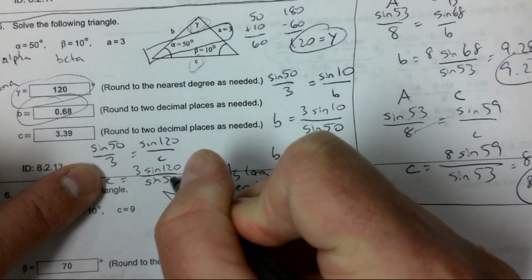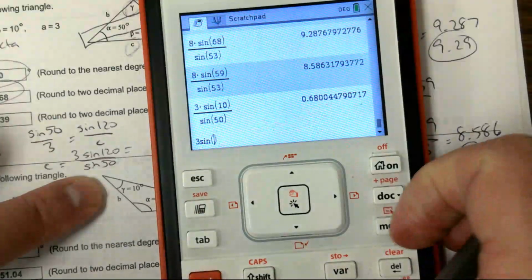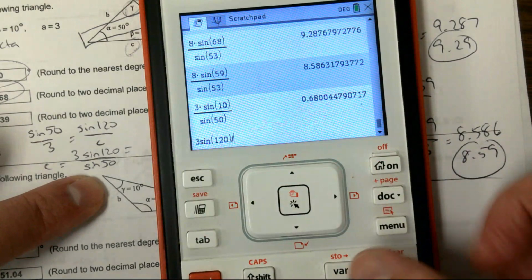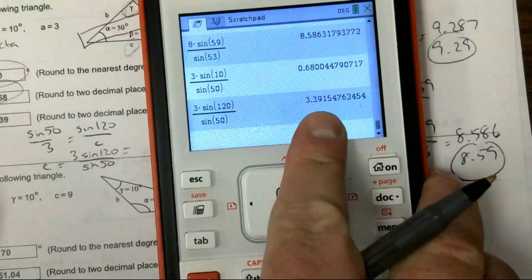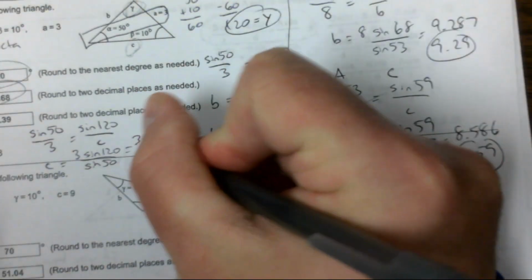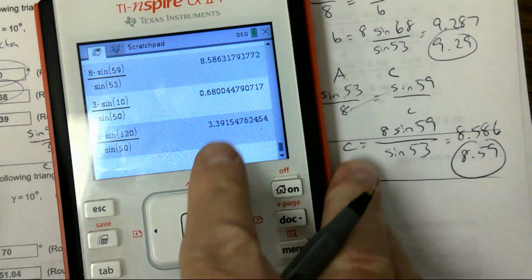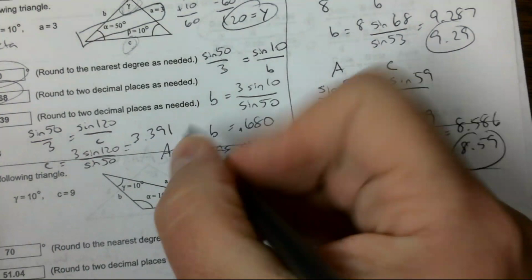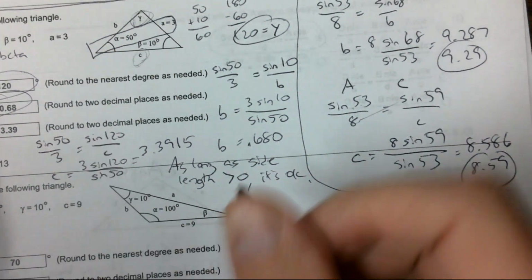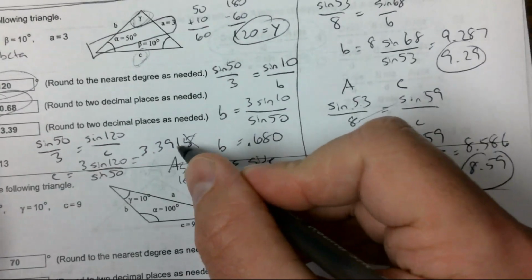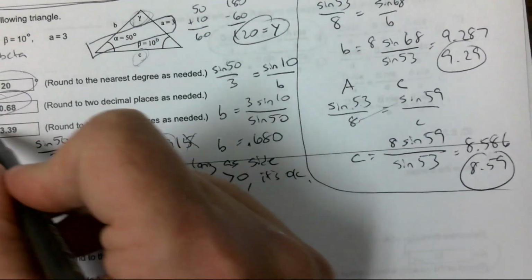And so then you get 3 sine 120 over sine 50 as a decimal, 3.391. Now, just to prove a point, 3.3915, if you just want 2 decimal places, you don't even use the 5. So don't make it 2 and then round up to make it 40. So this would just be 3.39 because you round down.